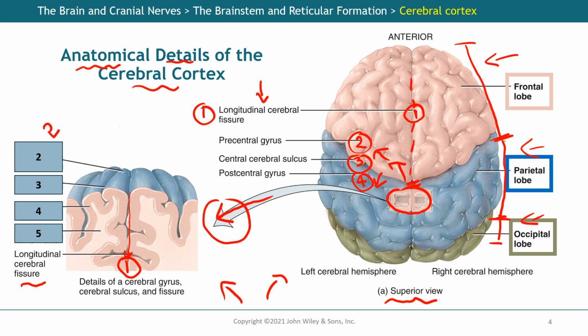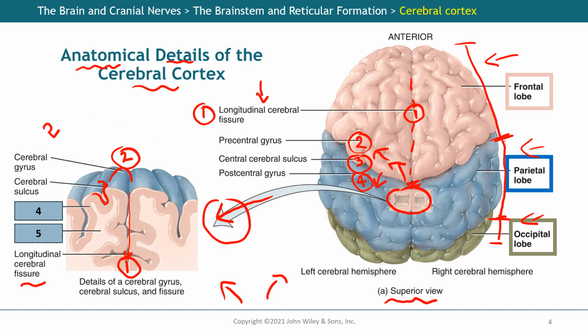Now here, number two, we have this cerebral gyrus because this is an elevation. Number three, here we have a groove, so this will be a cerebral sulcus, because it's a groove.